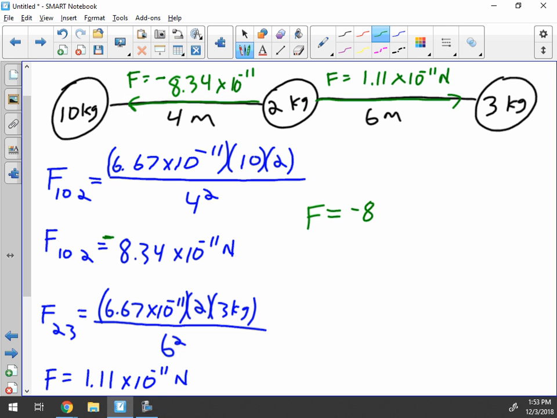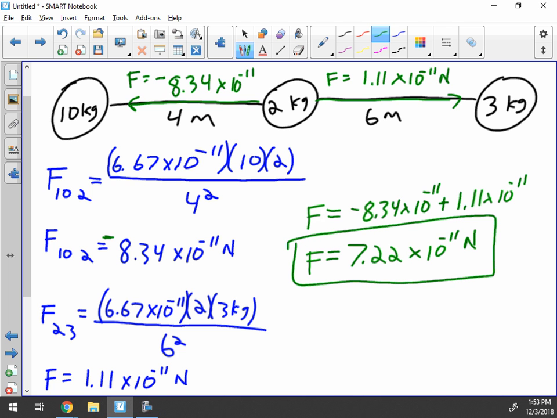So we have negative 8.34 times 10 to the negative 11 plus 1.11 times 10 to the negative 11. And we add those together to get a final answer of negative 7.22 times 10 to the negative 11 newtons.